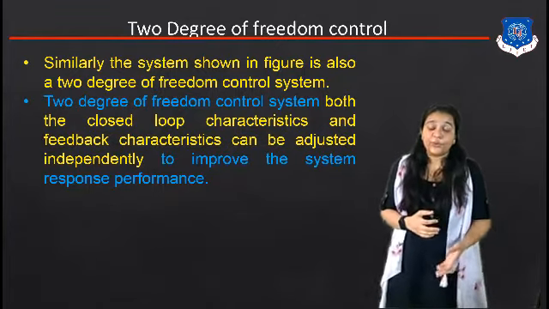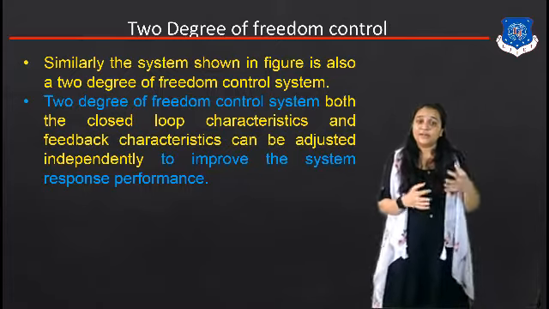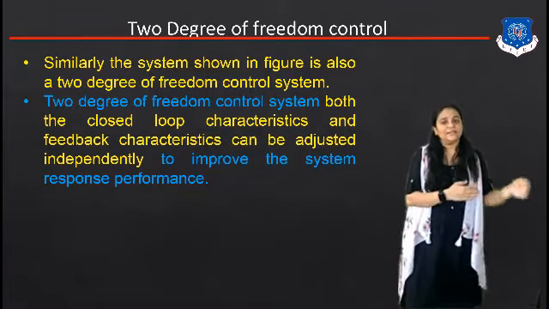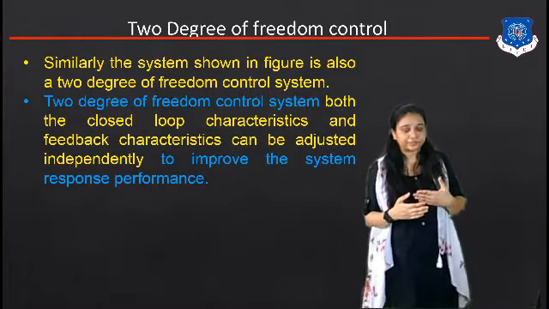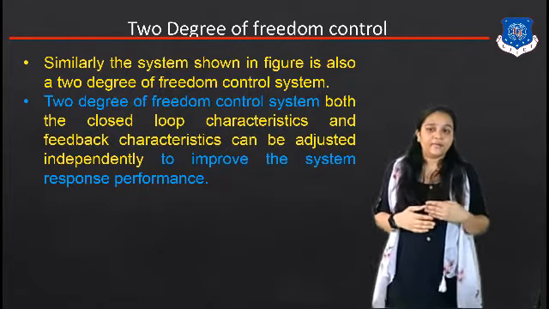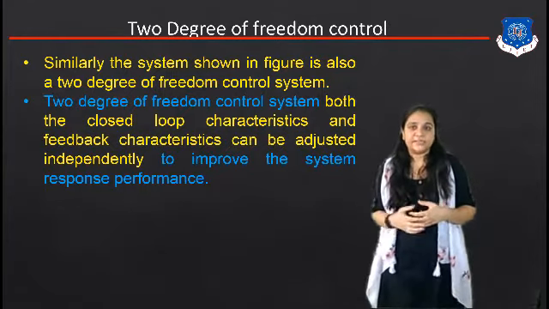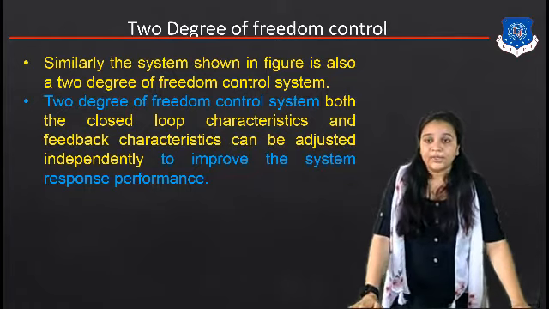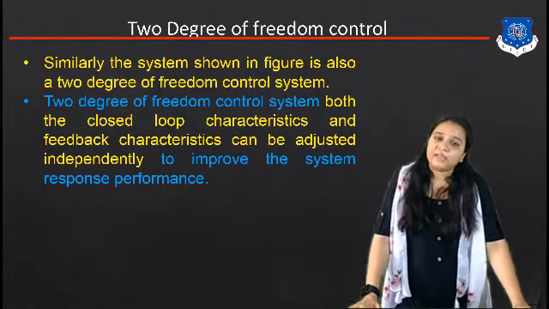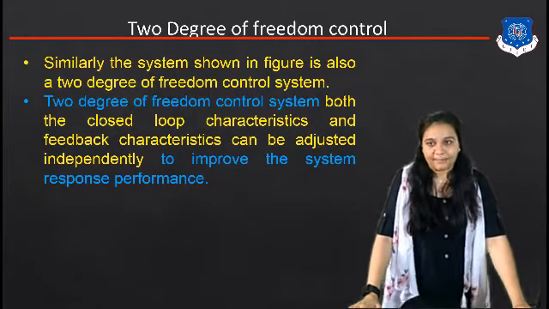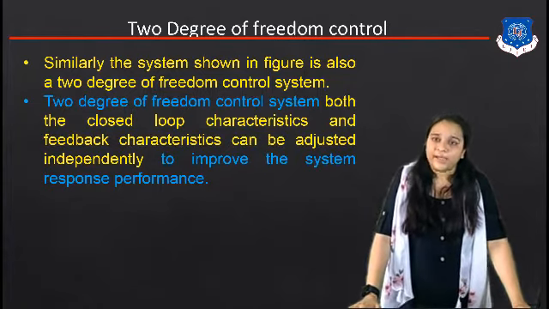As you know, the transient response is unstable compared to the steady state response, so we can easily identify the error for this particular system, and then we can minimize the error using some parameters, and then we have to find the two degree of freedom control system.